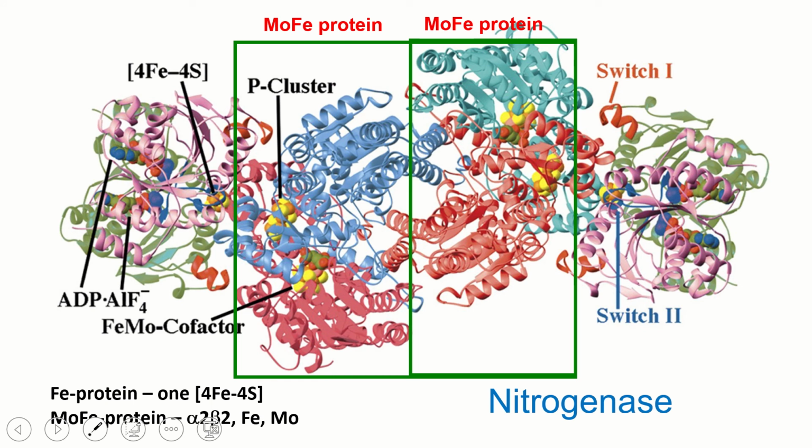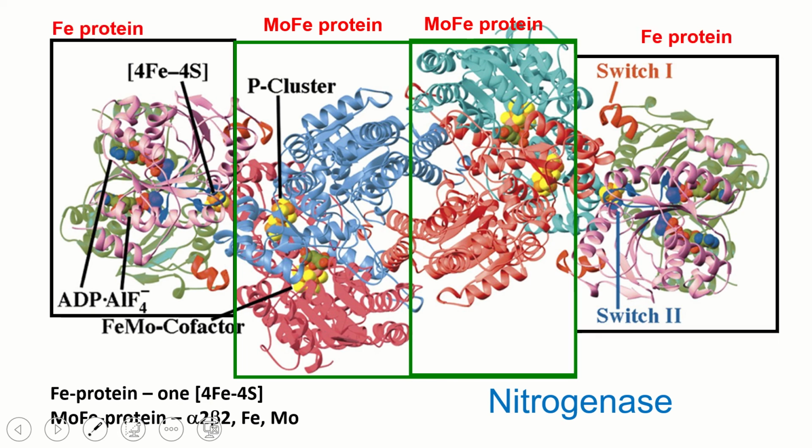Within here, there are two cofactors called the P cluster and the FeMo cofactor. The P cluster shuttles electrons from the iron protein to the FeMo cofactor, the iron molybdenum cofactor, and the iron molybdenum cofactor is the active site of nitrogen reduction.